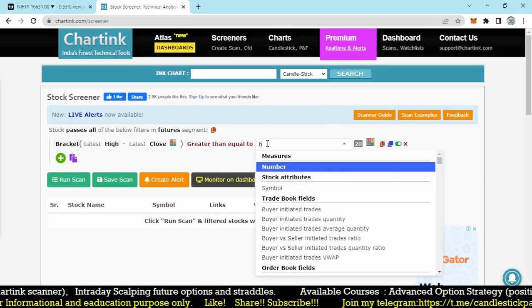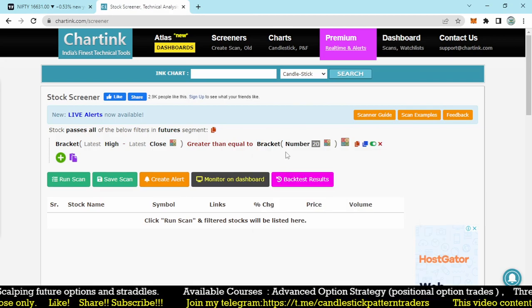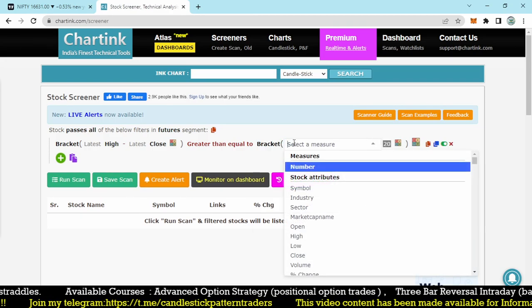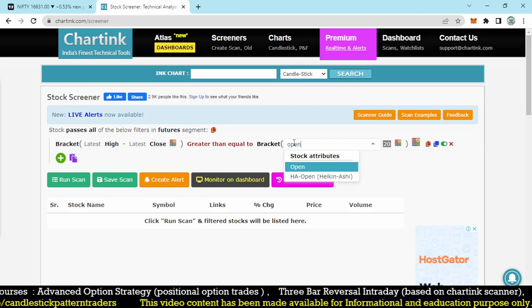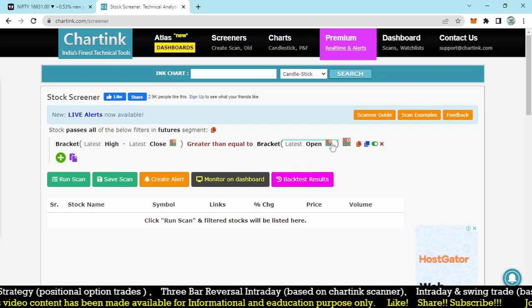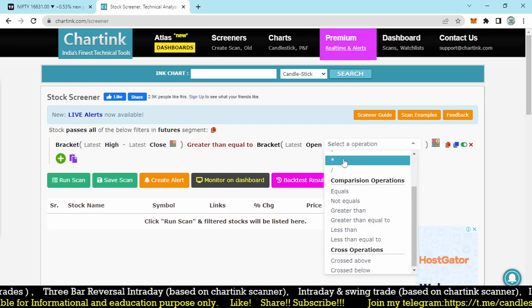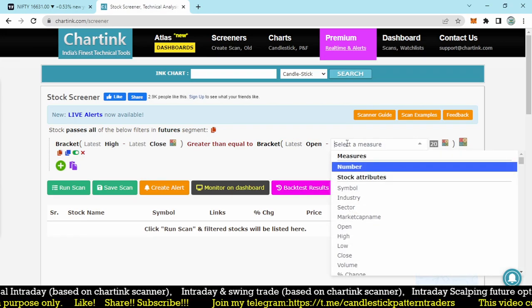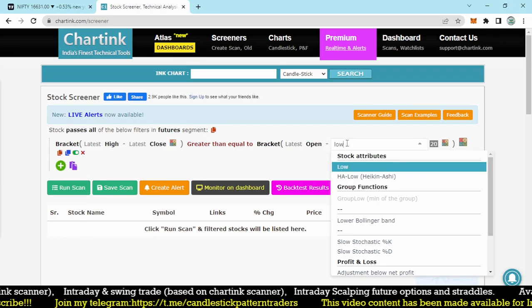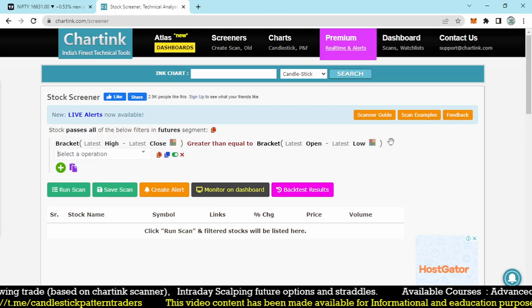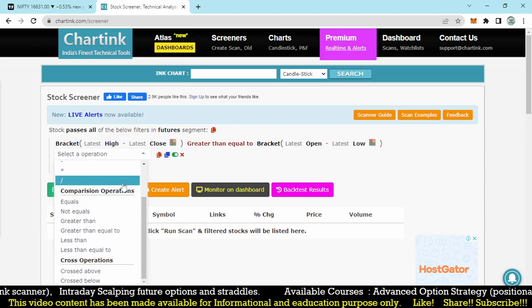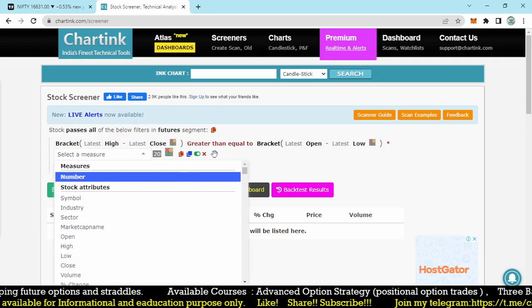And again I'm going to add some values. If you are using two values, then you can use a bracket value. That is the reason we are using the bracket, and open minus close, open minus low, must be greater than or multiplied by the number 4.